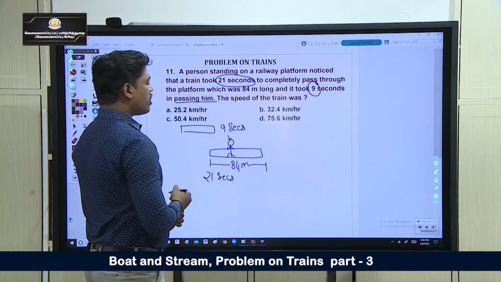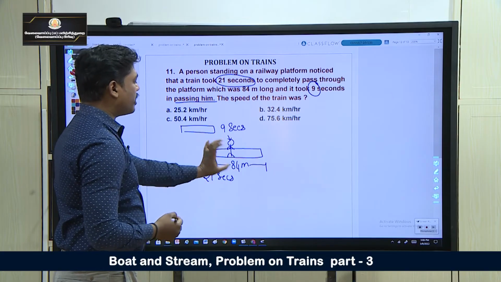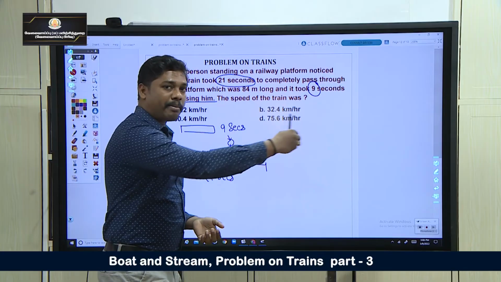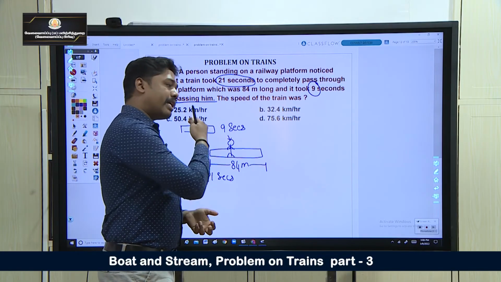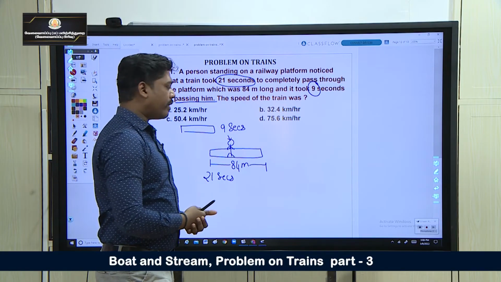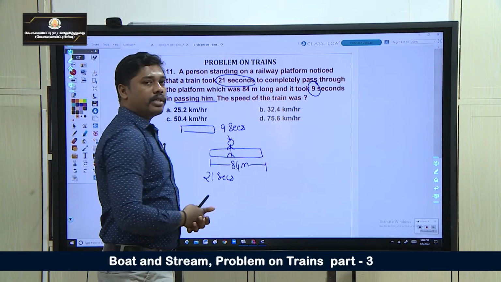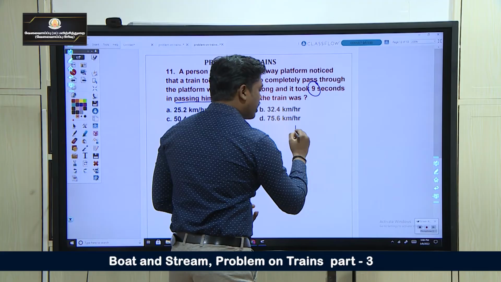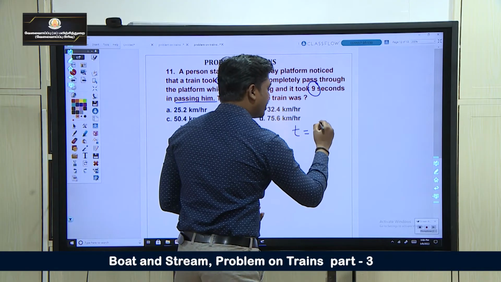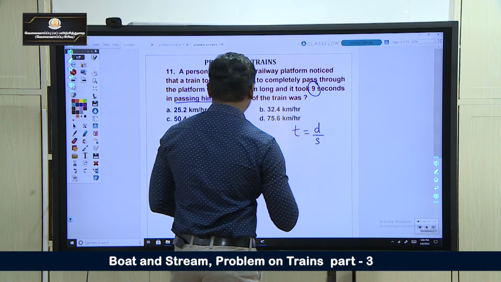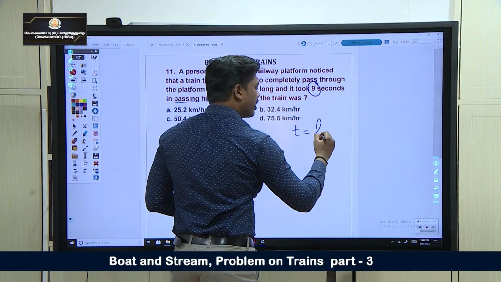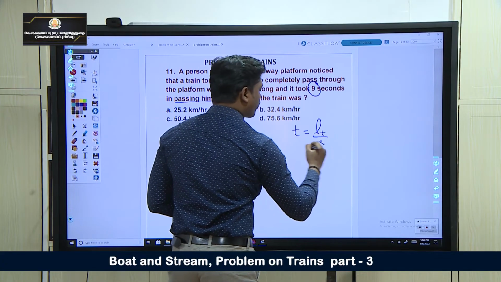So we have two sets of formulas. One is a train passing a standing man, so it is a stationary point. Another one is a train crossing a platform, a stationary length. For a stationary point, time is equal to distance by speed, where distance is the length of train, divided by speed of train.